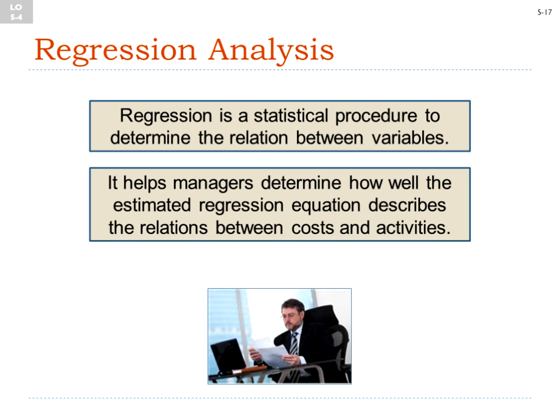So now we get to regression analysis. As the slide says, a regression is a statistical procedure to determine the relation between variables. So we're looking at the data points, and we are coming up with a line.